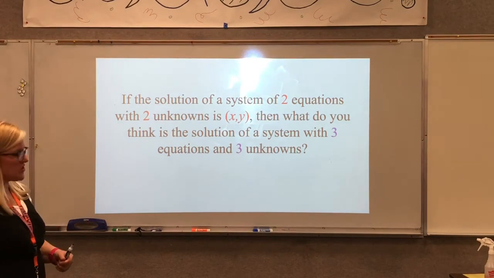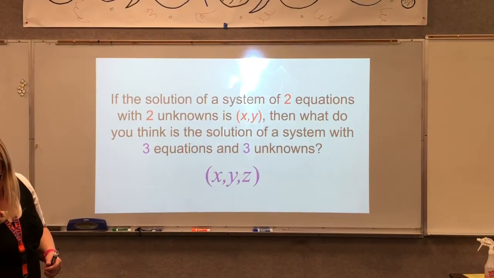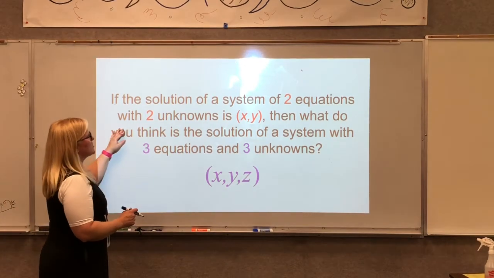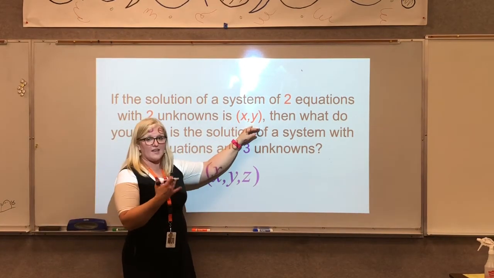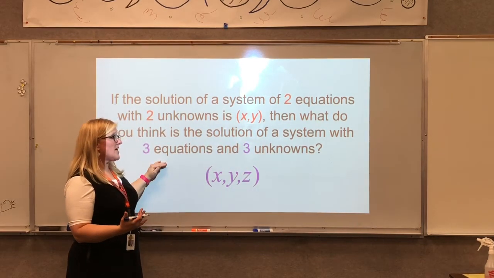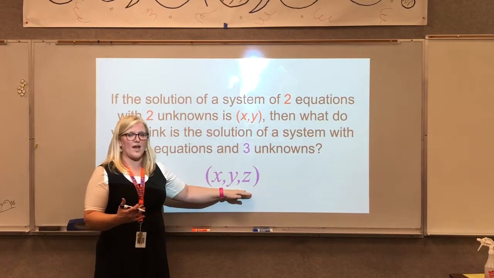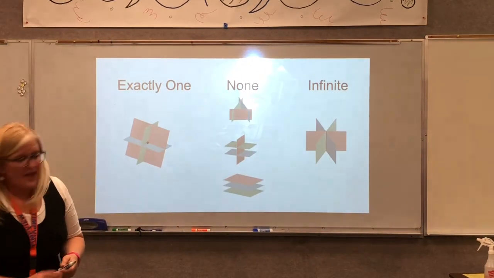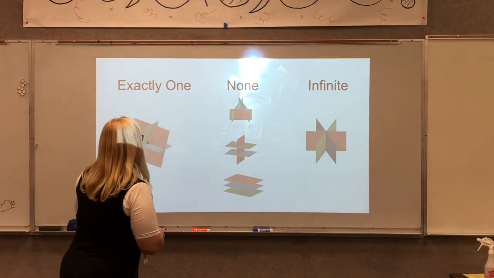Okay, this is what I was just talking about. If the solution of a system of 2 equations with 2 unknowns is x, y, then the solution of a 3 by 3 equation is x, y, z. And so we'll see that when we do some of those problems.